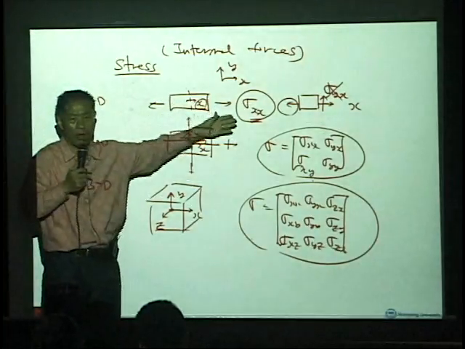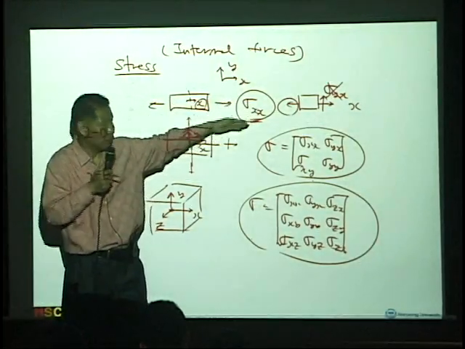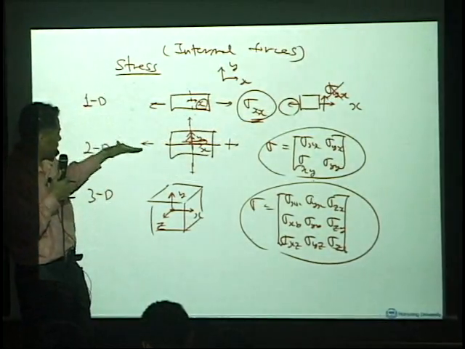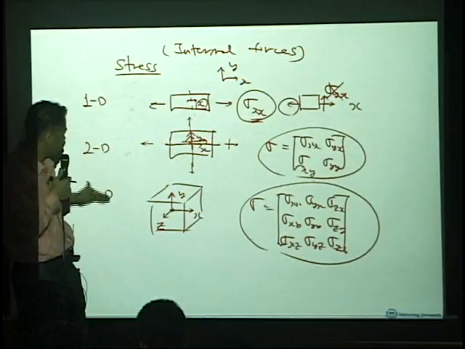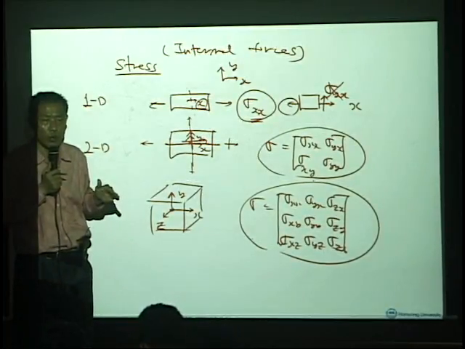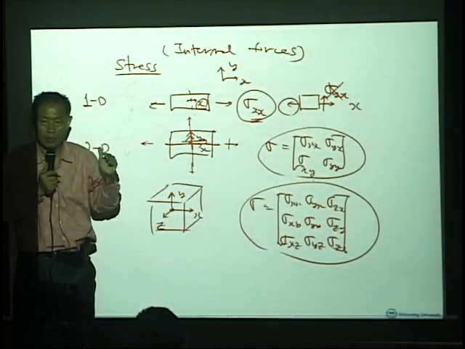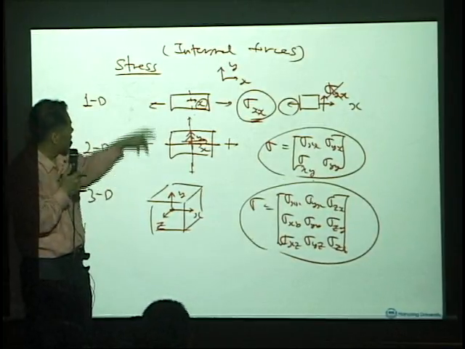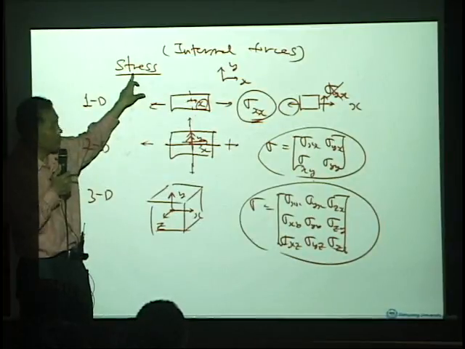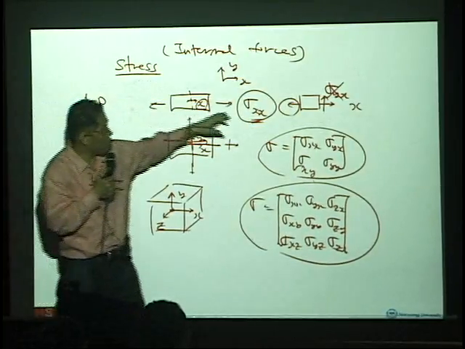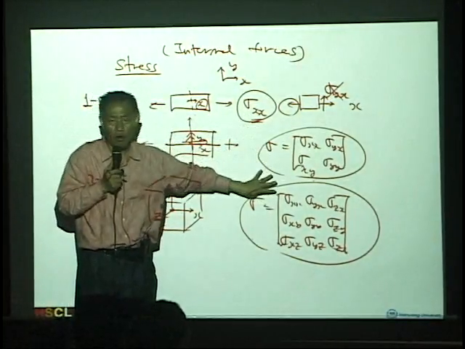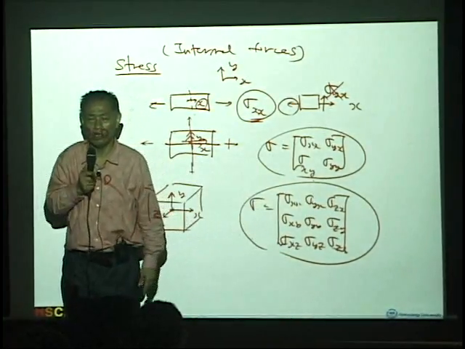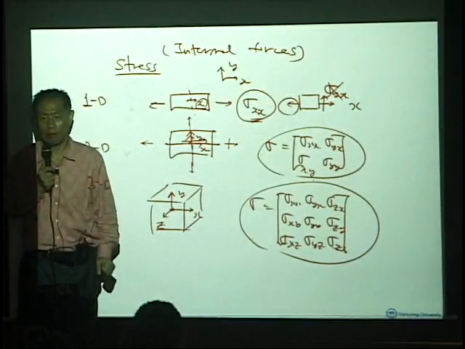I want you to notice that along with one-dimensional, two-dimensional, and three-dimensional space, we have internal forces, or this is called stress. Stress can have one component, four components, or nine components, depending on the space.